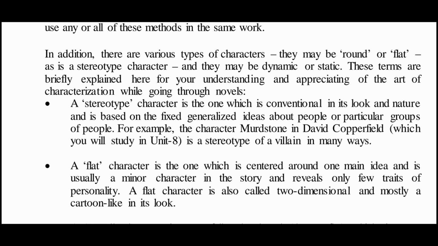A stereotype character is one which is conventional in its look and nature, and is based on fixed generalized ideas about people or particular groups of people. For example, the character Murdstone in David Copperfield, which you will study in our next lectures, in unit 8, inshallah, is a stereotype of a villain in many ways.